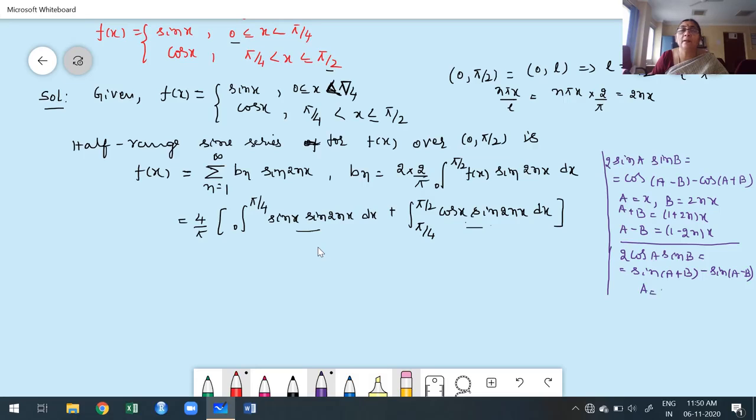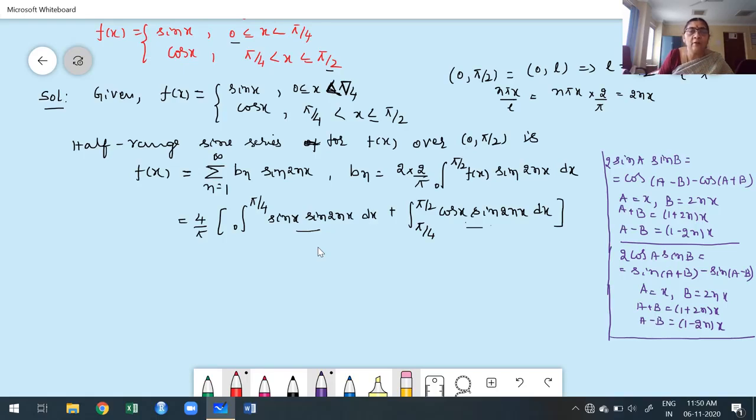Here A is x, B is 2nx. We get the same thing. A plus B is 1 plus 2n into x, and A minus B is 1 minus 2n into x. This way I have to simplify. This is for the second integral.